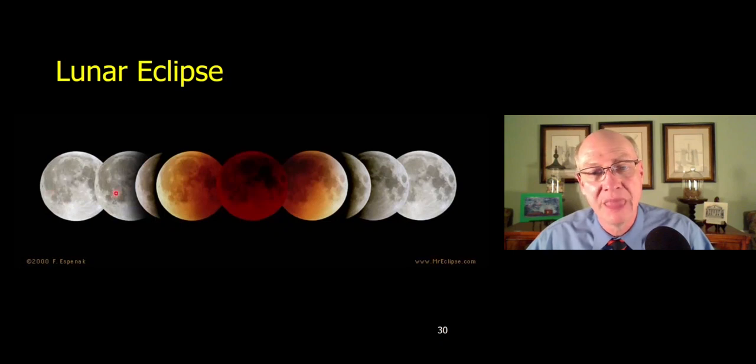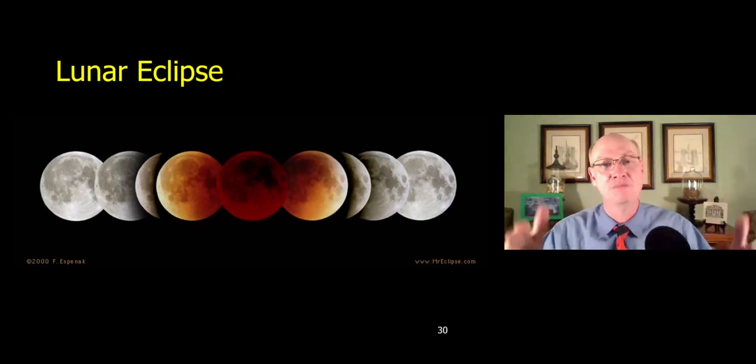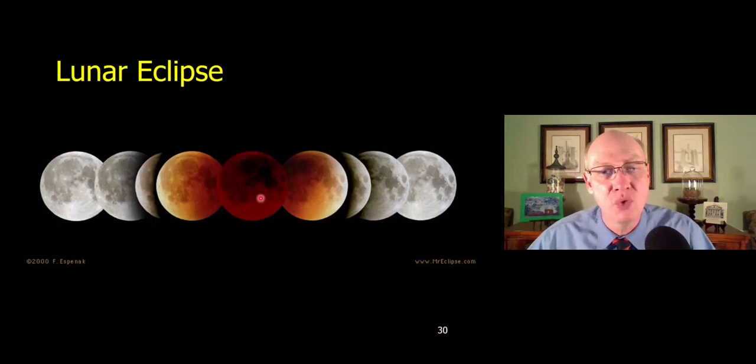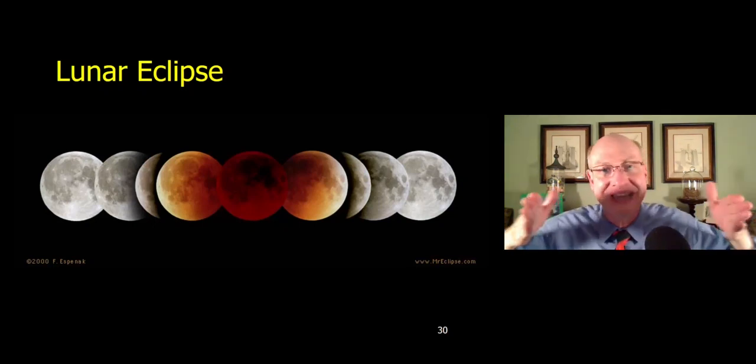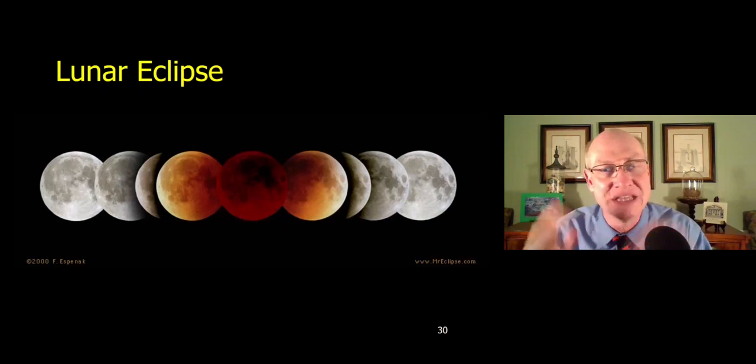Now, typically the moon does not completely disappear inside the Earth's shadow in a lunar eclipse because the Earth has an atmosphere, and our atmosphere can bend light. So even though the moon is inside the umbra of the Earth and no sunlight should be reaching it, some sunlight gets bent by the Earth's atmosphere. And that sunlight that gets bent is passing through the maximum amount of the Earth's atmosphere.